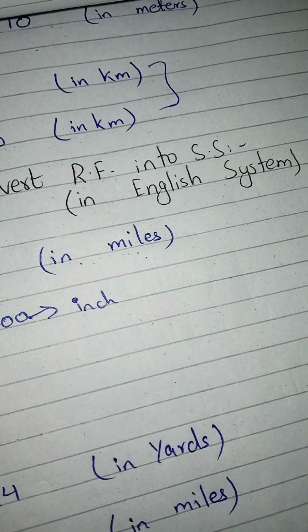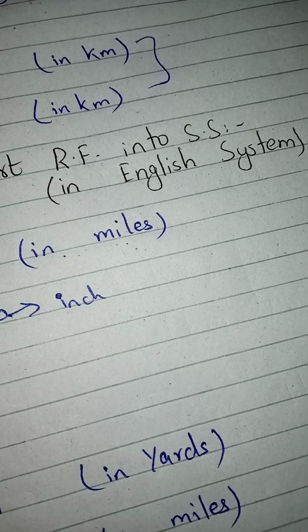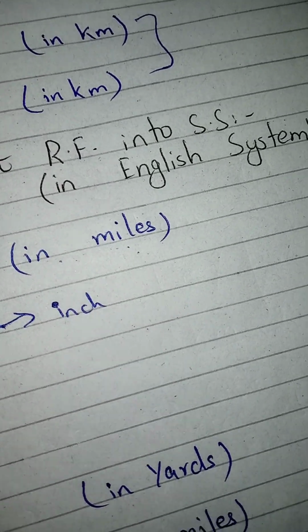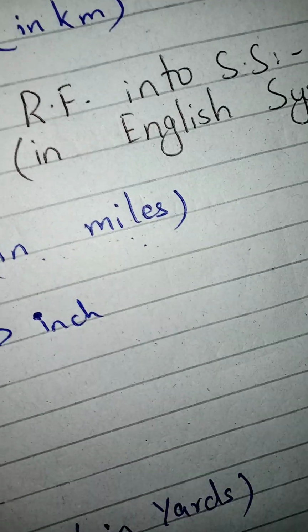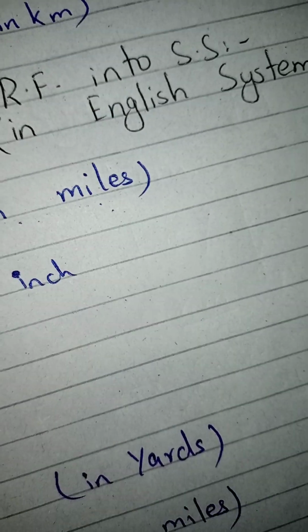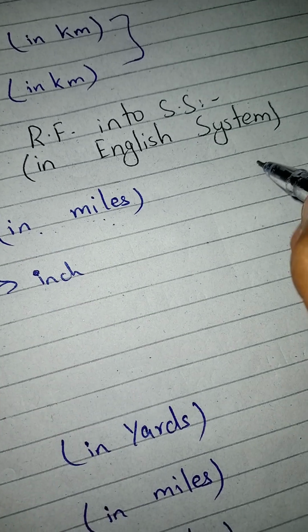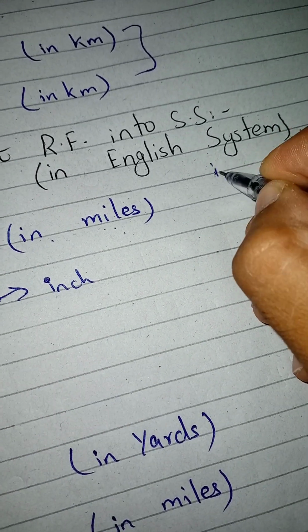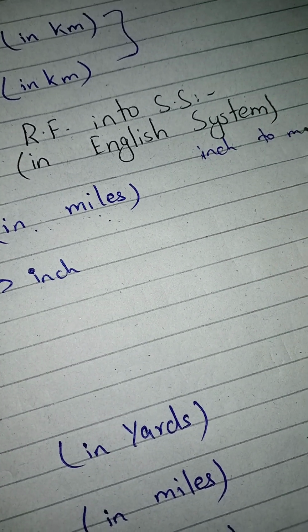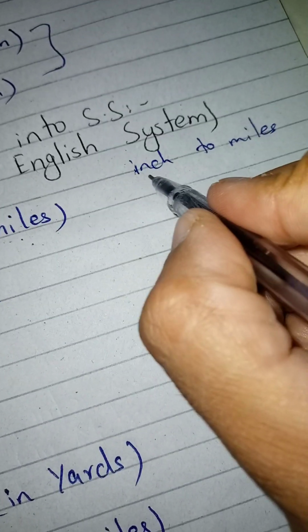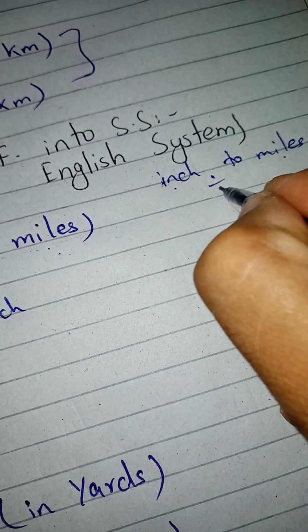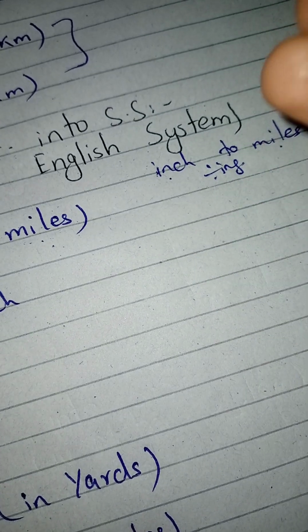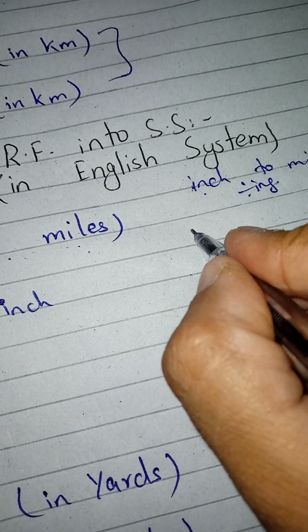How are we going to convert it into miles? We need to remember what the English system units were, and we are moving from inch to miles. It means that from smallest to largest units we are going to divide. So what are we going to divide by? Now we are going to look at that.